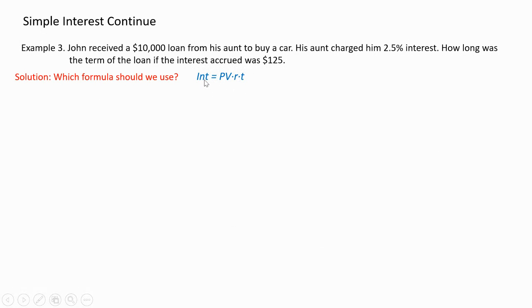In this case, we have to use this formula because we're solving for how long, which is time. The other formula doesn't have a place for the interest accrued. There's no INT there. That's why we're forced to use the INT formula.